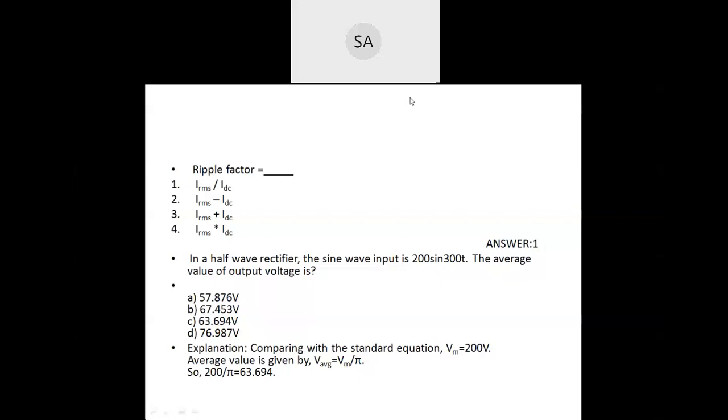Comparing with the standard equation, VDC is equal to Vm by pi, and from the input voltage, Vm is equal to 200. So that is 200 by pi. After calculating, I get 63.694. So option C is the correct answer.